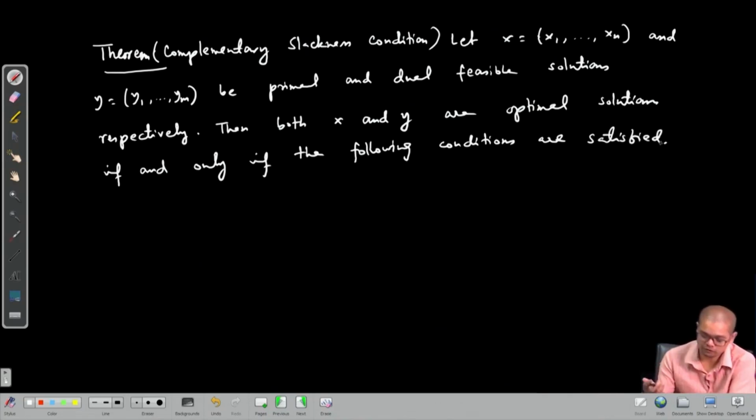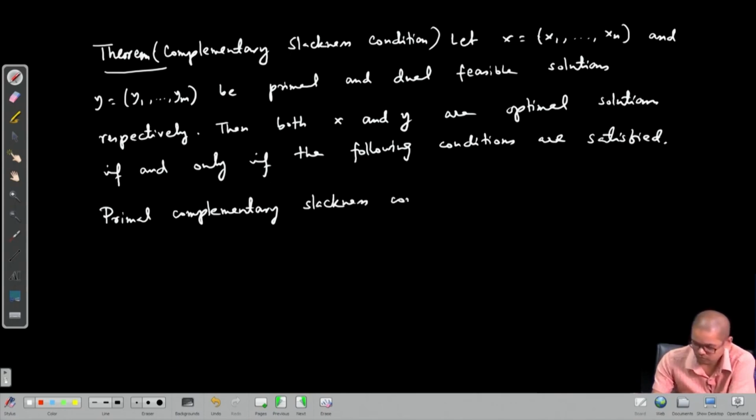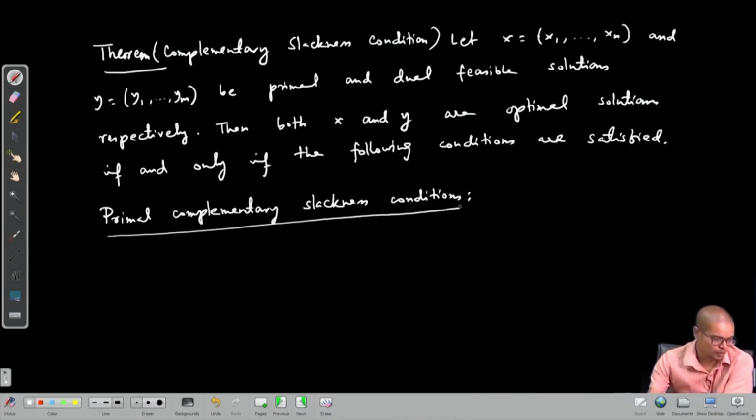We have two sets of conditions. One is the primal complementary slackness conditions. So what are the primal complementary slackness conditions?